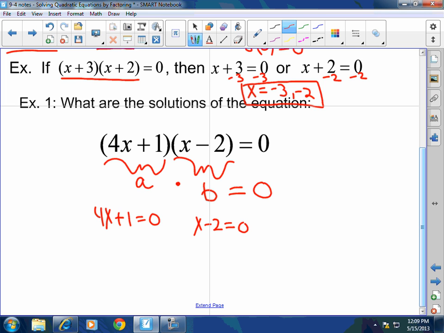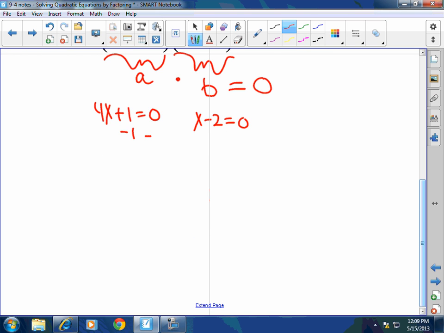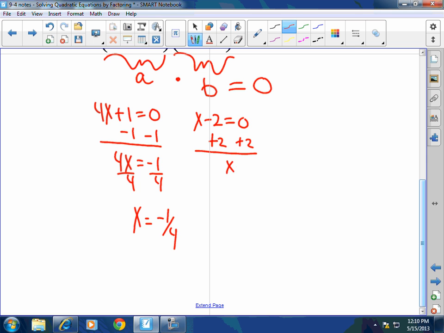Does everyone see that, gentlemen? Okay, so now solve for x. Subtract 1 from both sides. 4x equals -1, divided by 4. So one possible solution is -1/4. Then I add 2 to both sides. x also equals 2. So my solution is x equals negative 1/4, comma 2.